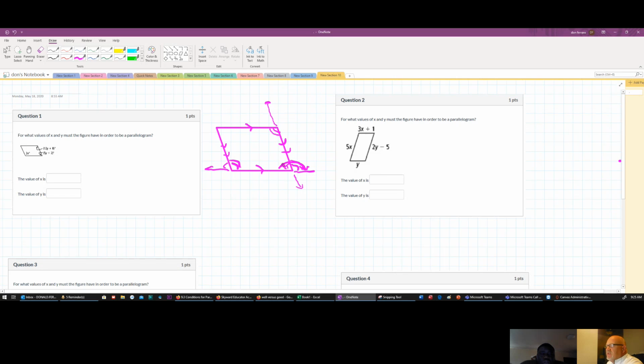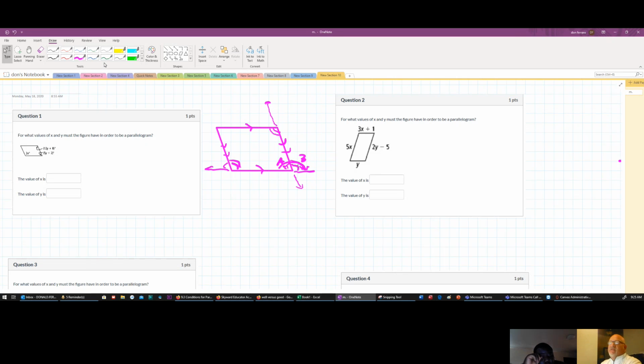So this angle here, angle A, and angle B, if you add those two up, they add up to 180. So that being said, we have to solve for X or solve for Y in order to start.